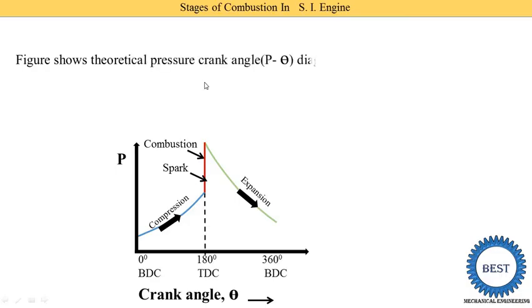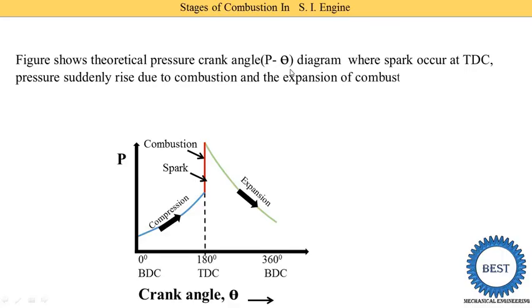The figure shows the theoretical pressure versus crank angle, the P theta diagram, where the spark occurs at the TDC. When the compression is complete at the TDC, the spark occurs at that point.